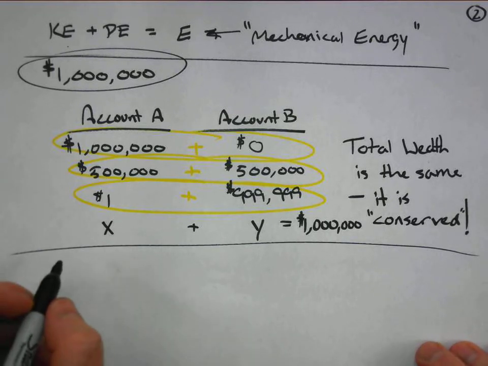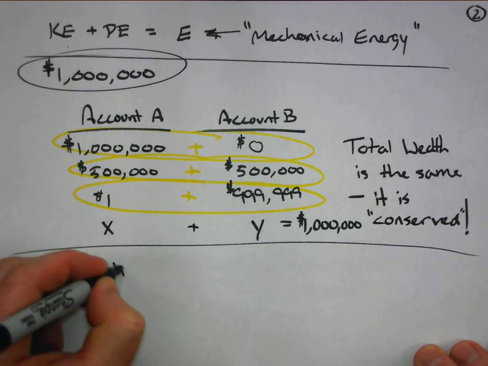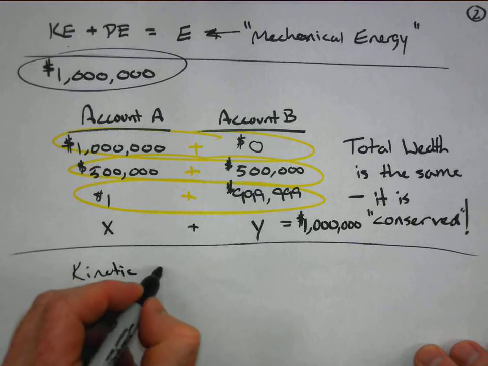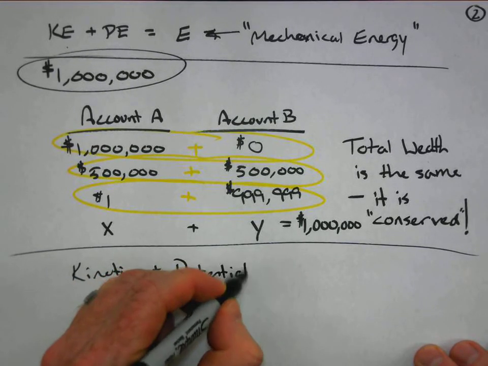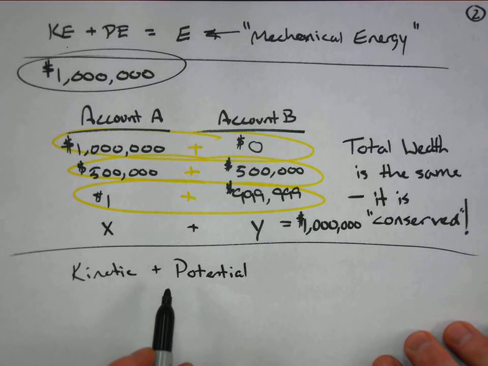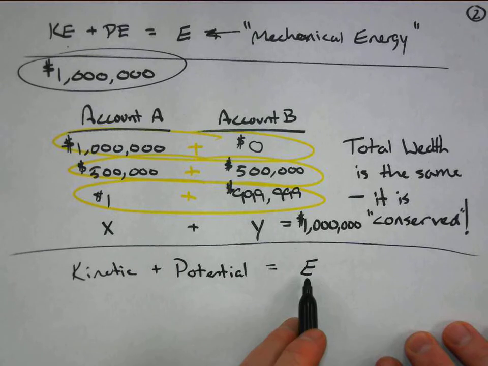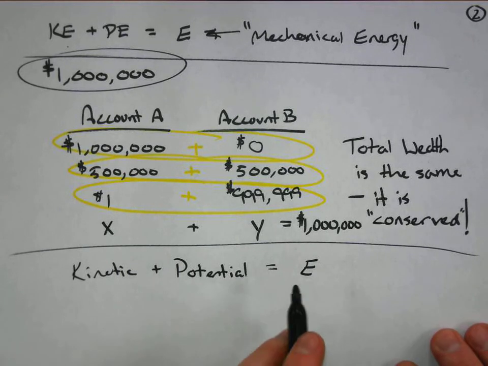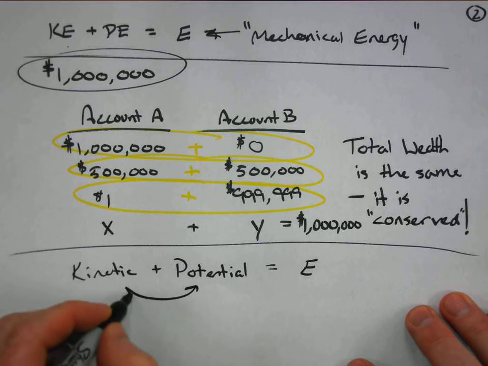So there are two accounts where energy can exist, and the two accounts are the kinetic account, so to speak, and the potential account. And the sum must equal, well, this thing called total mechanical energy. And you can move energy from one account to another.